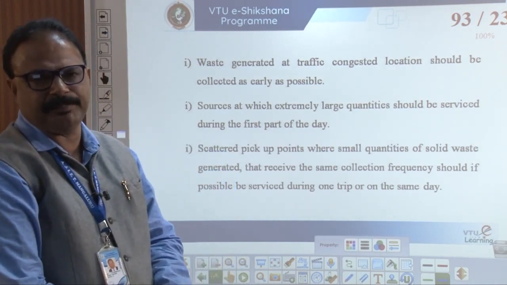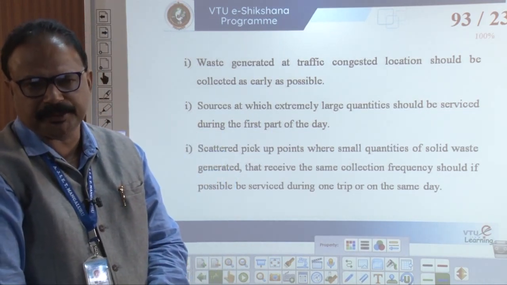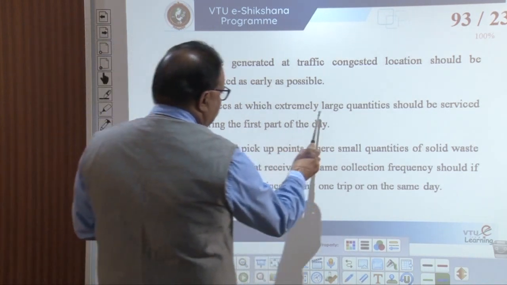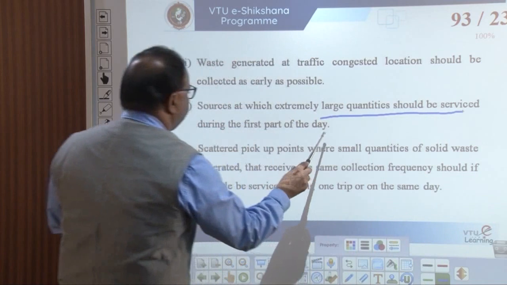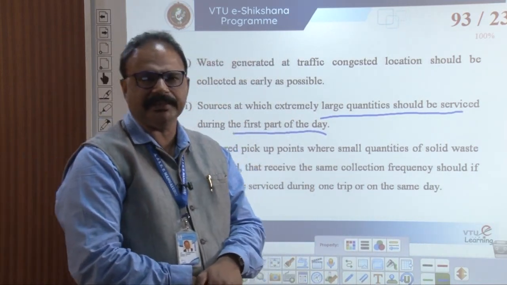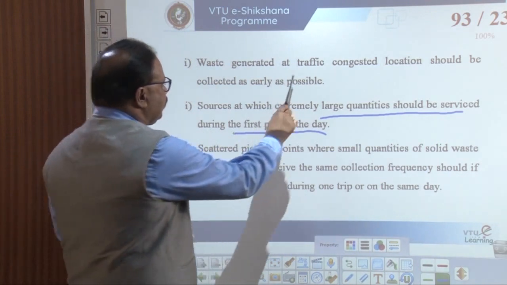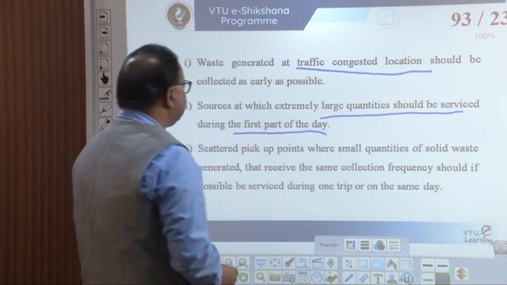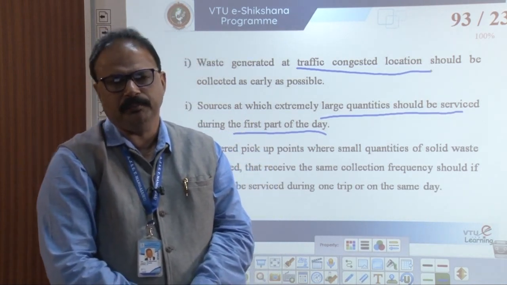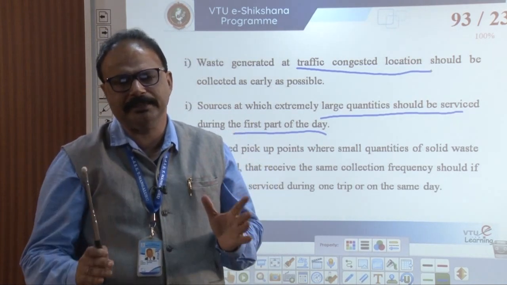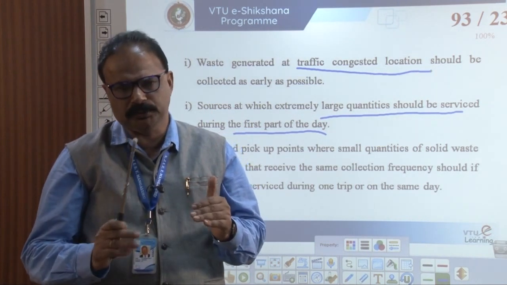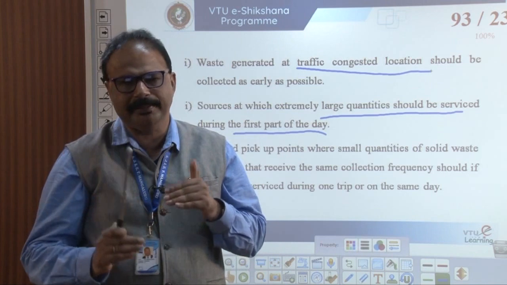Waste generated at traffic congested locations should be collected as early as possible. Sources with extremely large quantities should be served during the first part of the day. Where there is more traffic, we have to collect the waste early, say 6 o'clock to 7 o'clock, before the traffic gets heavy at 9 o'clock.